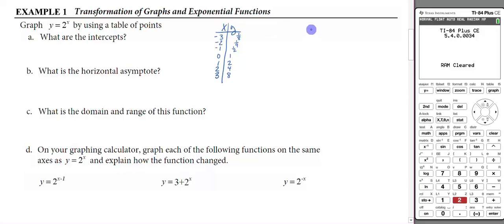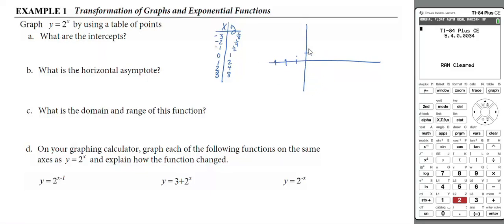So when we go to graph this, we can see at negative 3, we are at 1/8. It's very close to the x-axis. At negative 2, we're at 1/4. At negative 1, we're creeping up to 1/2.